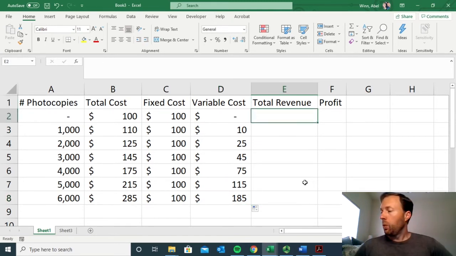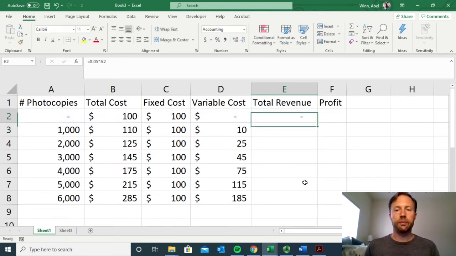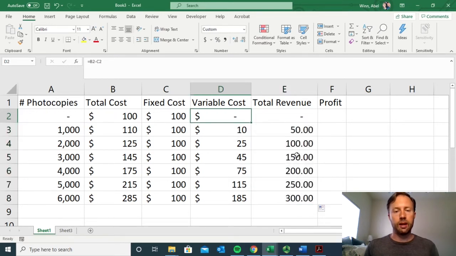Total revenue. Well, you're told that she can sell 1 photocopy for 5 cents. So 5 cents times the number of photocopies that she produces, that's going to be her total revenue. So we'll say that the number in this cell is equal to 0.05, which is equal to 5 cents, times the number of photocopies. And we'll copy that down.